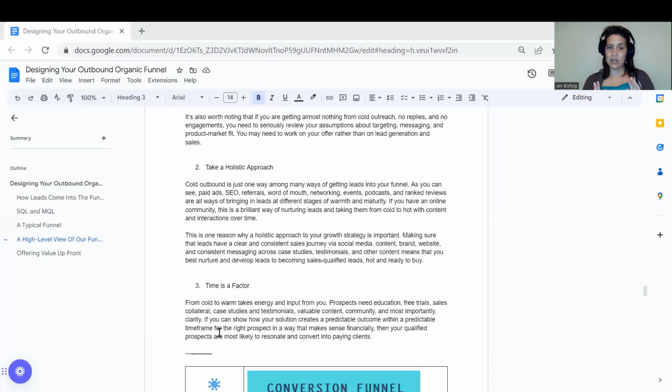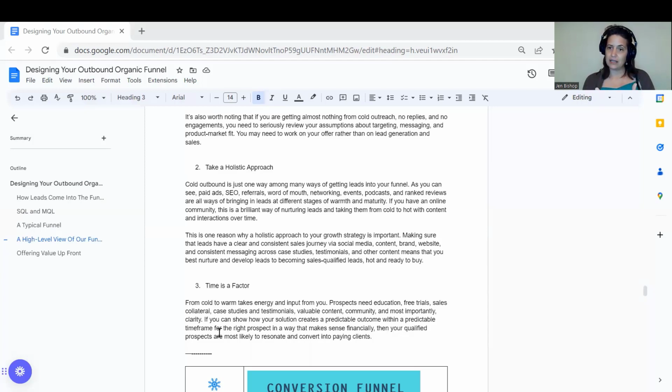On point number 2, we need to take a holistic approach. As you can see, cold outbound is just one of many ways of getting leads into your funnel. So you can see things like paid ads, SEO, referral, word of mouth, networking, events, podcasts, ranked reviews. These are all ways of bringing in leads, just at different stages and different points of maturity.